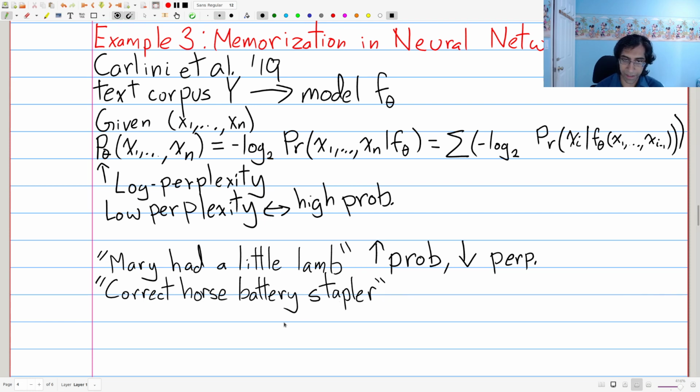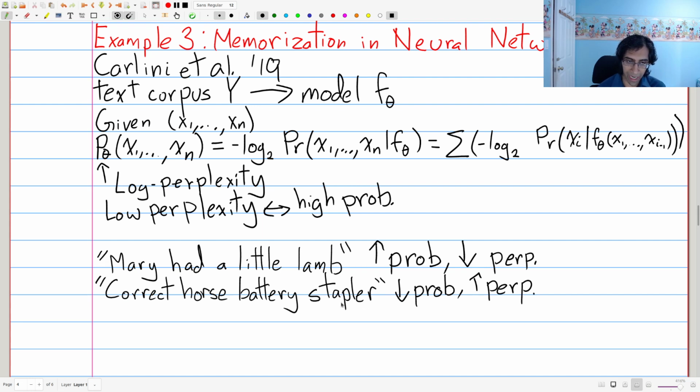On the other hand, consider something like "correct horse battery stapler." This would be a rather low probability sentence because it doesn't really make much sense, and therefore would have a high perplexity. Now, this isn't a big deal, but let's suppose there's just a language model trained in this way, but what if this phrase, "correct horse battery stapler," actually appeared in the training data?